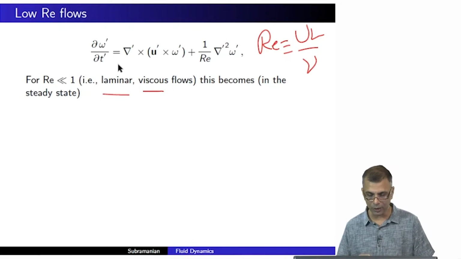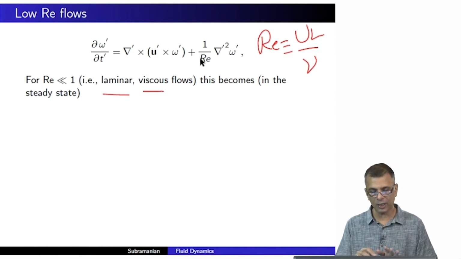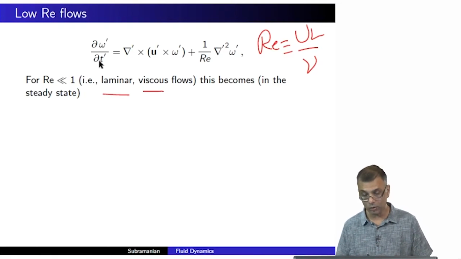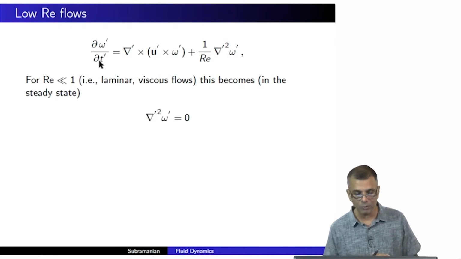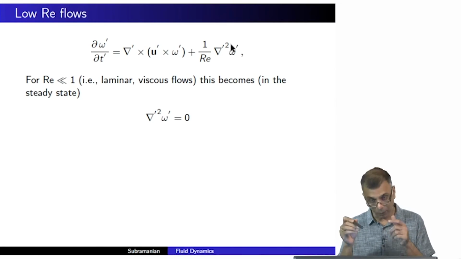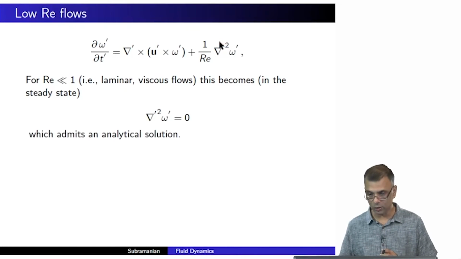That's what we did. So this particular equation, in the situation where the Reynolds number is much less than 1, only this term is important, right? And we consider only steady state situations where d over dt prime goes to 0, so this is no longer important, and this becomes 1 over Re nabla prime square omega prime equals 0.